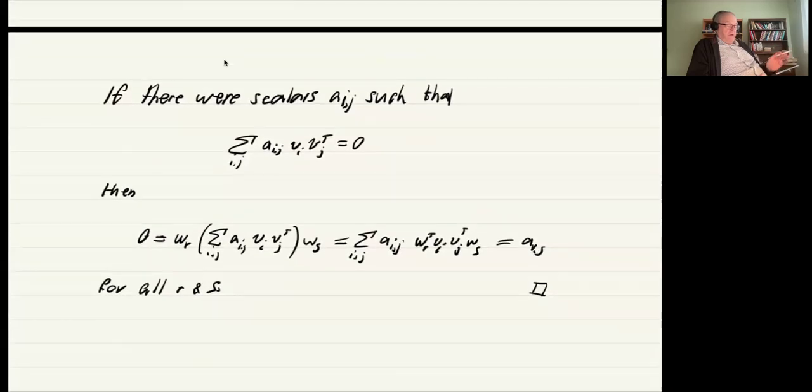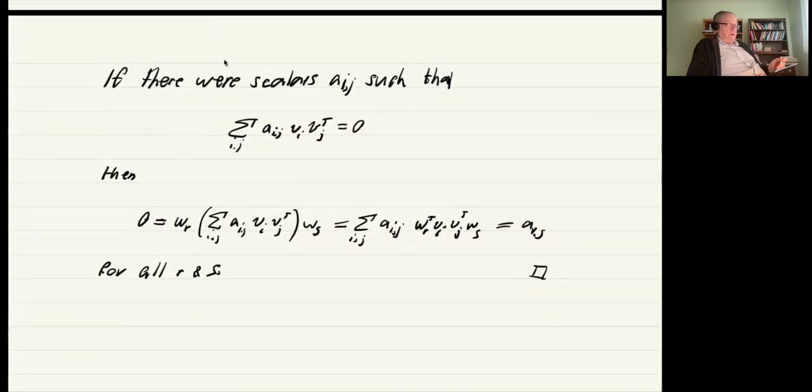Now we go to the actual proof, which is basically two lines. Suppose there were scalars such that a combination of the outer products is zero. I'm going to use the dual basis. That probably should be a transpose there. I'm being fussy. So I've got zero equal to this, and I wrap it by w_r transpose and w_s, which doesn't change it.